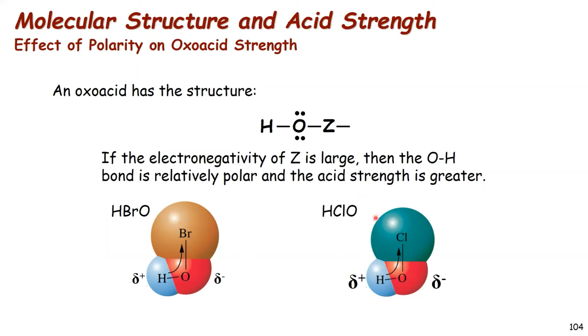So the hypochlorous acid is going to be stronger than the hypobromous acid. Now note that this is different than we just saw with the binary acids. With the binary acids, we found that hydrobromic acid, HBr, was stronger than hydrochloric, HCl. That's not the case for the oxo acids.